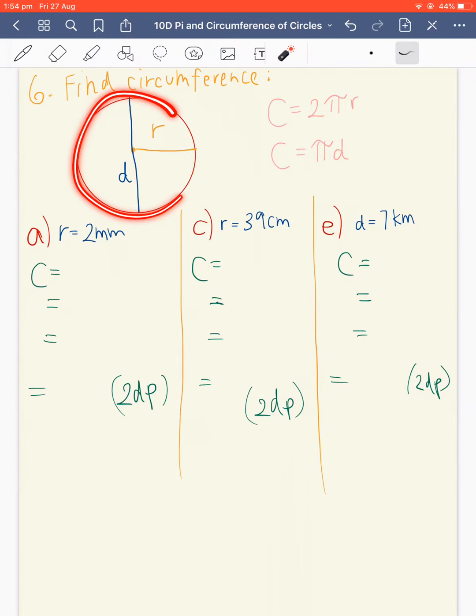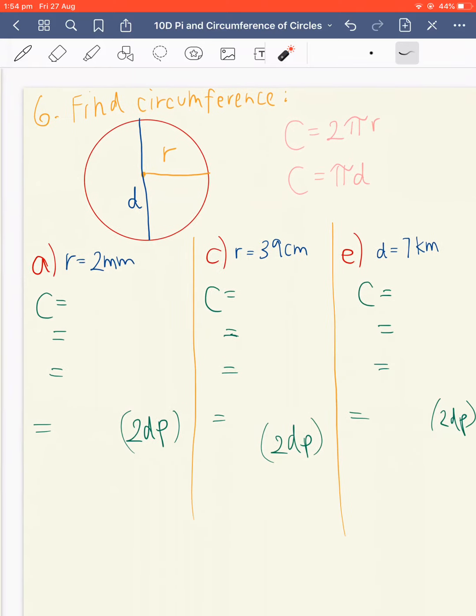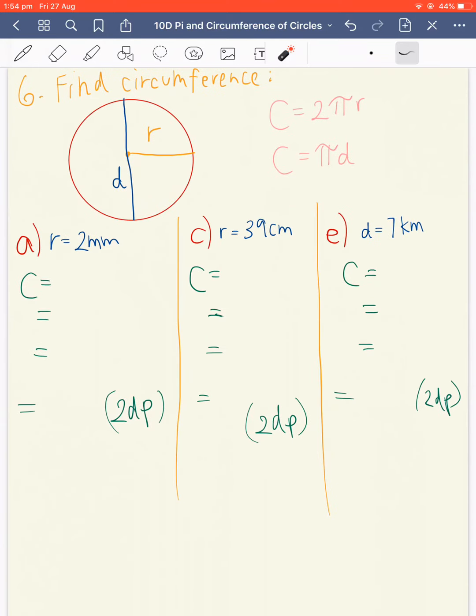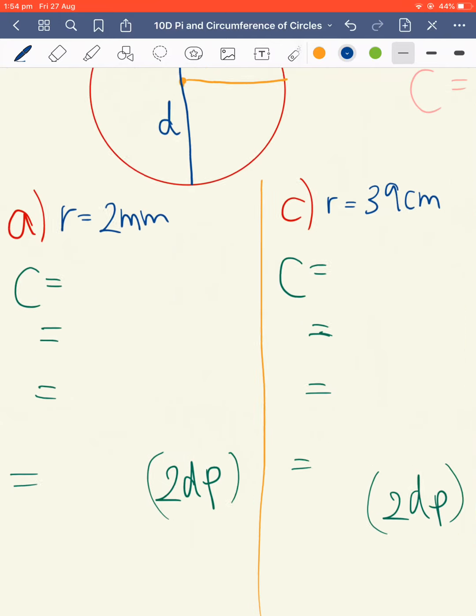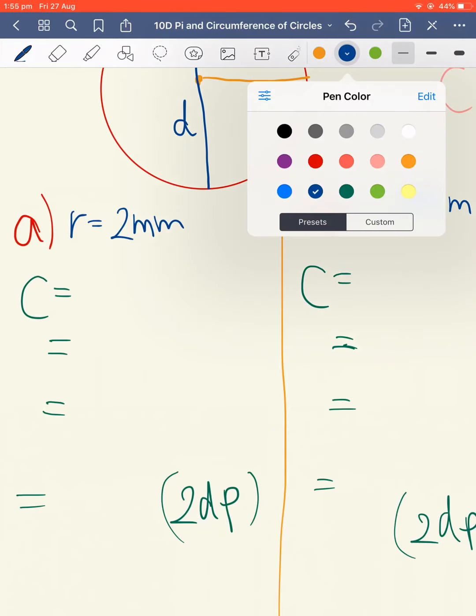We are finding our circumference given either our radius or our diameter. If I'm doing these, what I'm mainly focusing on is substituting in and then making sure at the end that I write my answer to 2 decimal places. For question 6, I am substituting in.